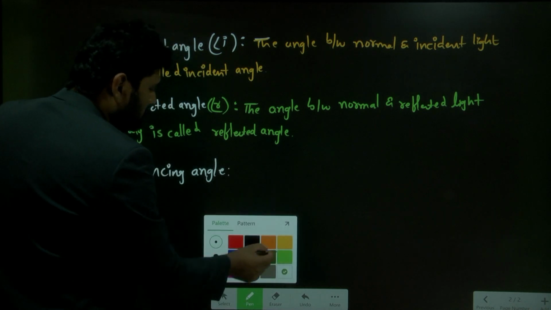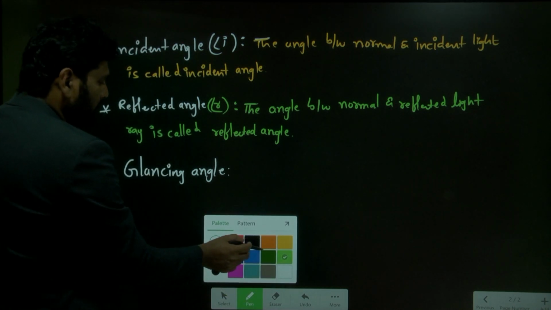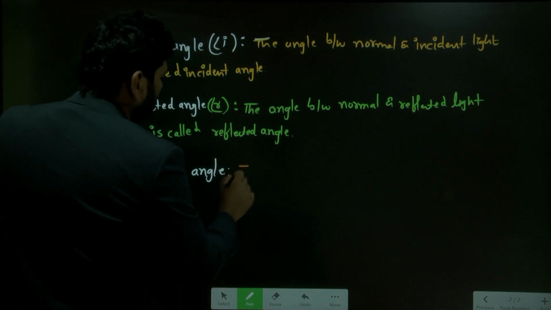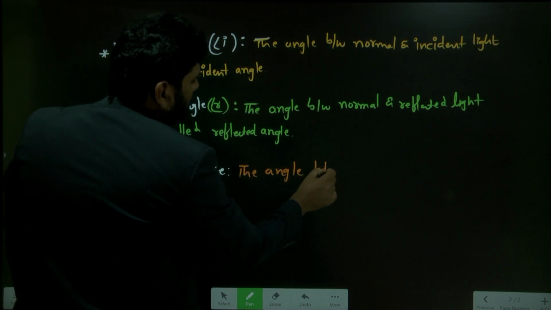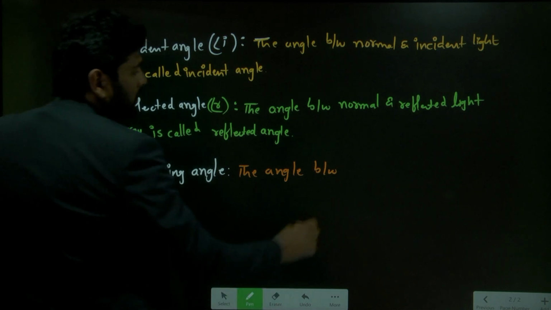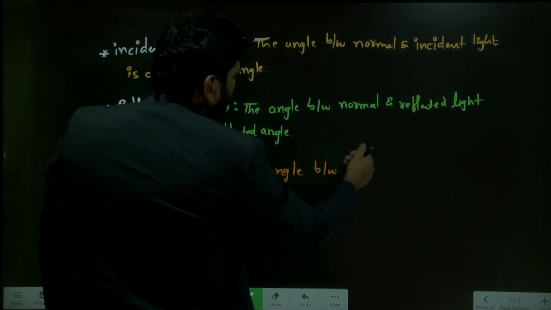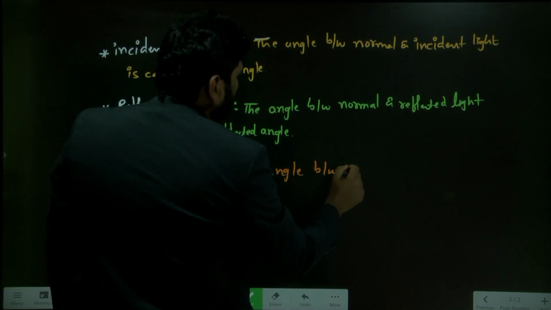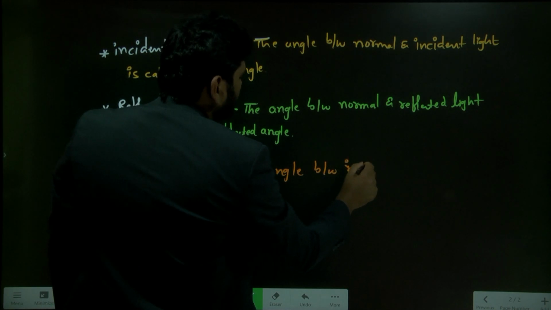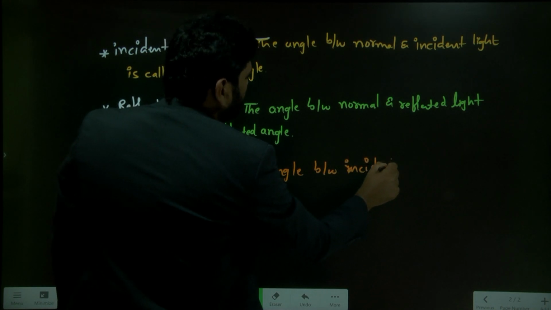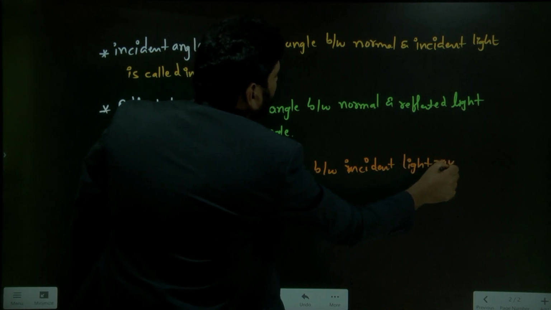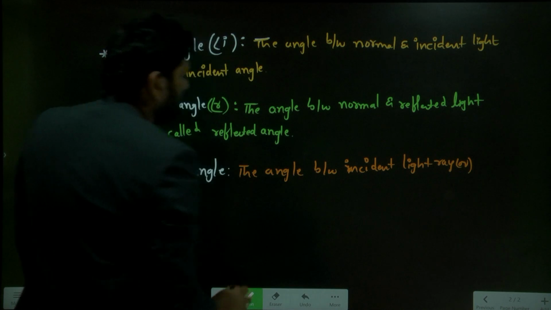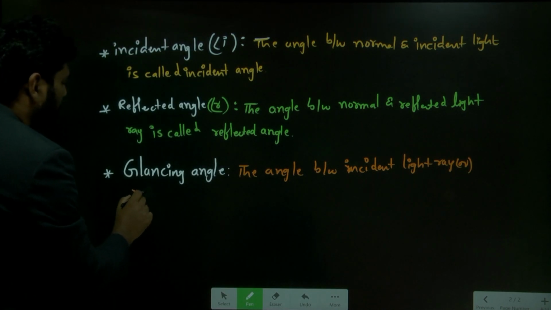Glancing angle means the angle between the surface and the incident light ray or reflected light ray.